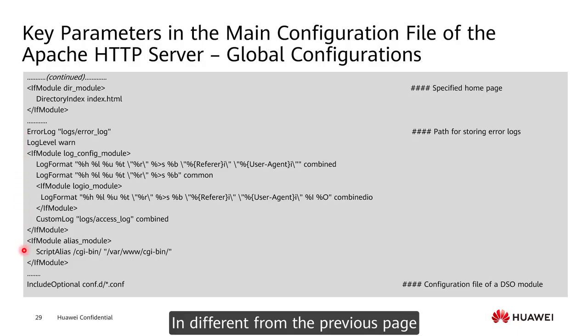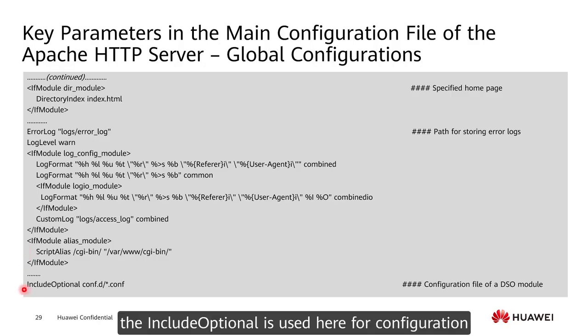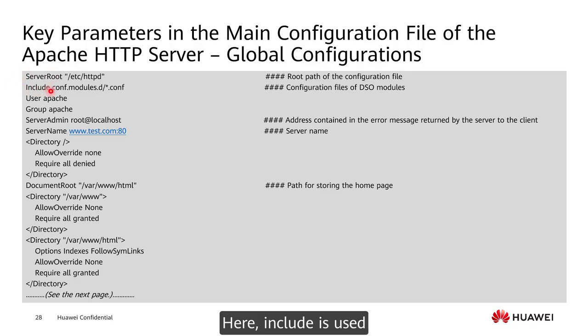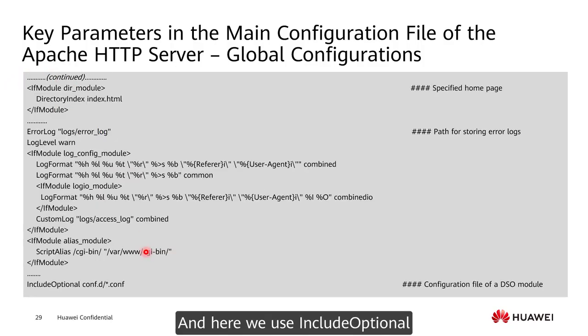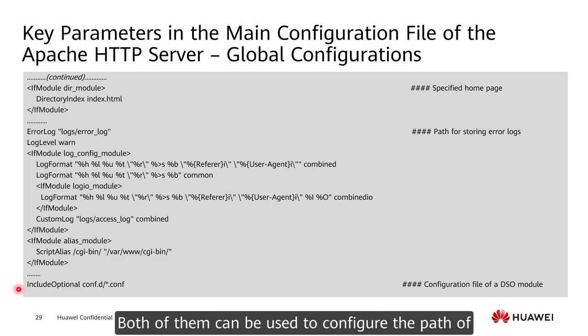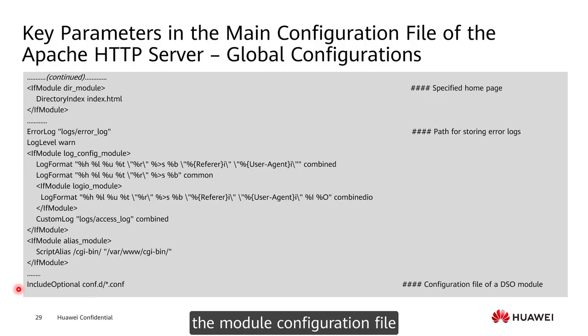Different from the previous page, IncludeOptional is used here for configuration, while Include is used in the previous page. But what's the difference? Both of them can be used to configure the path of the module configuration file.